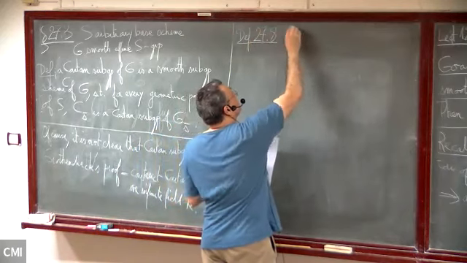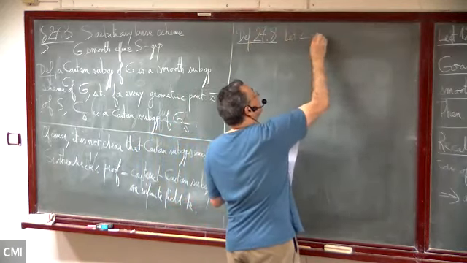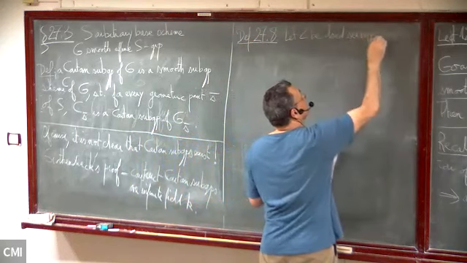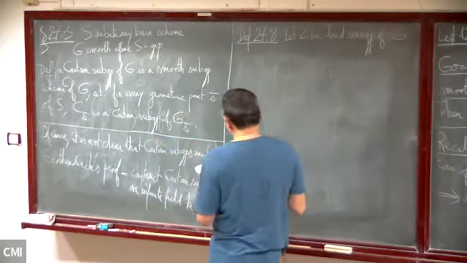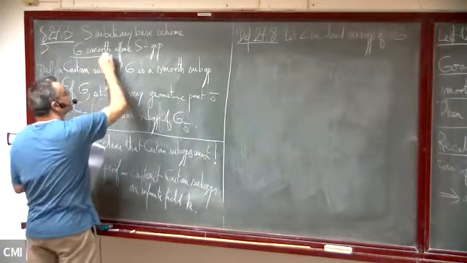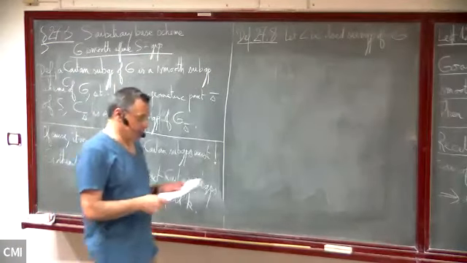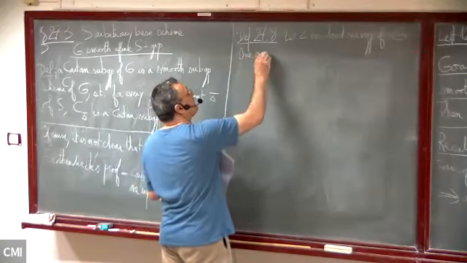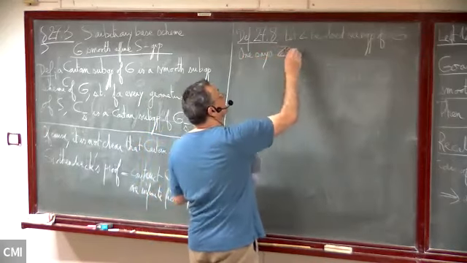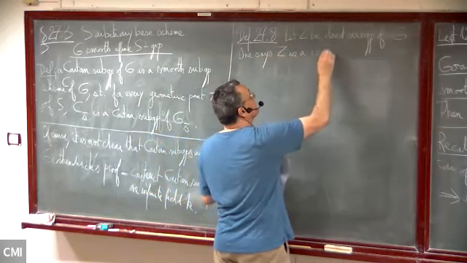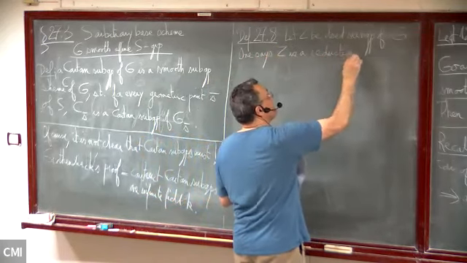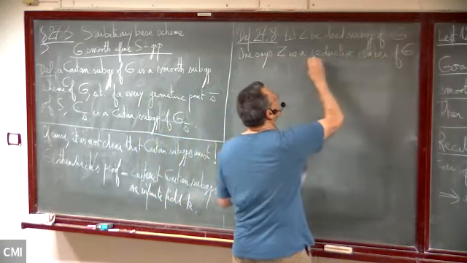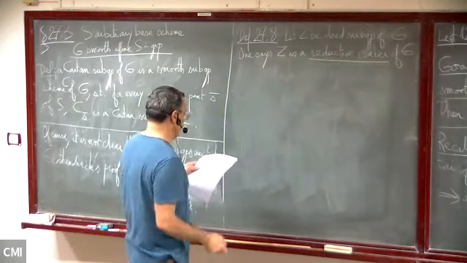So let Z be a closed subgroup of G. Okay, so we have this standing assumption that G is a smooth affine group over S. And one says Z is a reductive center of G. So what is a reductive center?